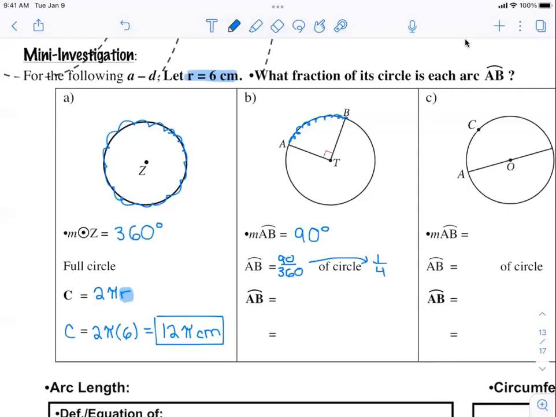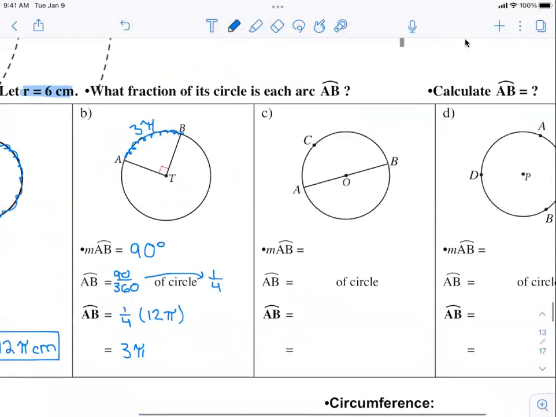So if we know the full circle is 12 pi, then we can say 1/4 times 12 pi, and that's going to give us 3 pi, which makes sense. This is 3 pi for its length, and you would have 3 pi, 3 pi, 3 pi all the way around would get you 12 pi. So fractional work could help us.